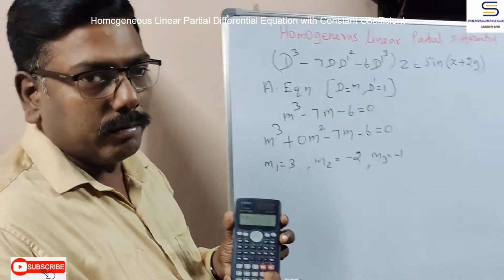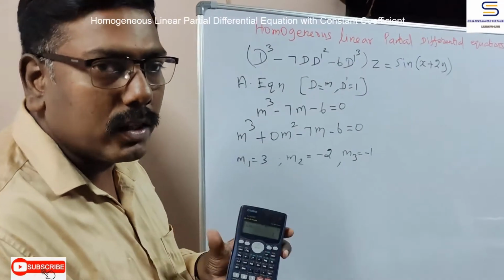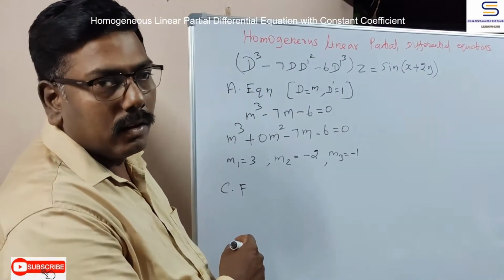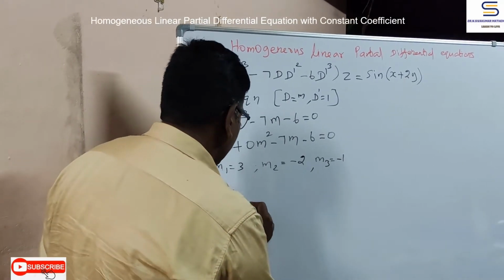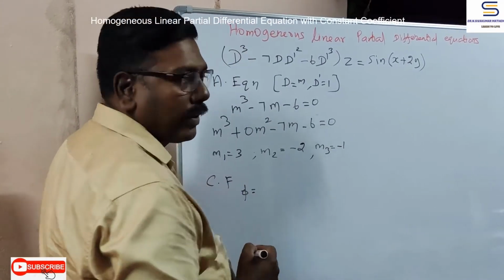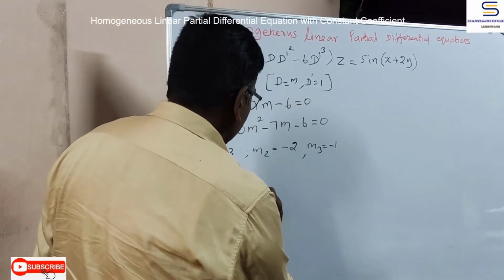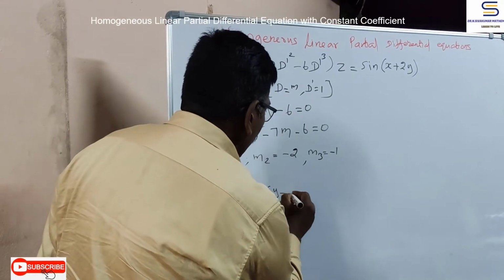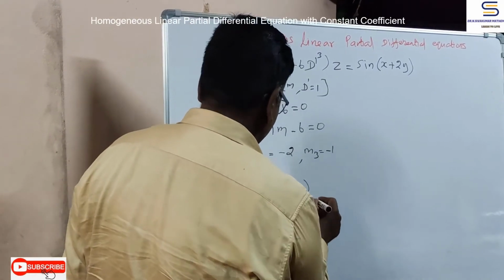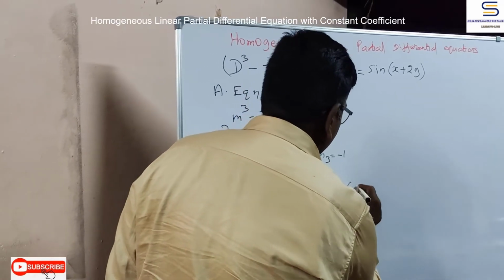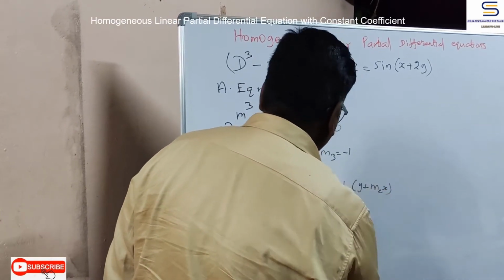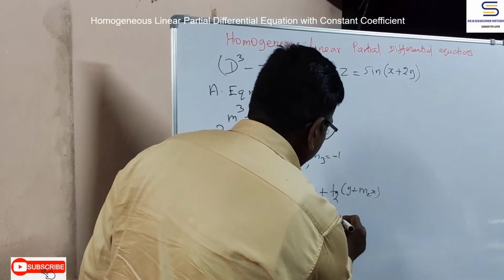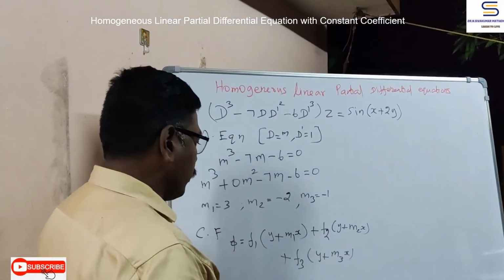The complementary function for this type of equation, shortly written CF, is as follows: φ equal to f1 of (y + m1x) + f2 of (y + m2x) + f3 of (y + m3x).